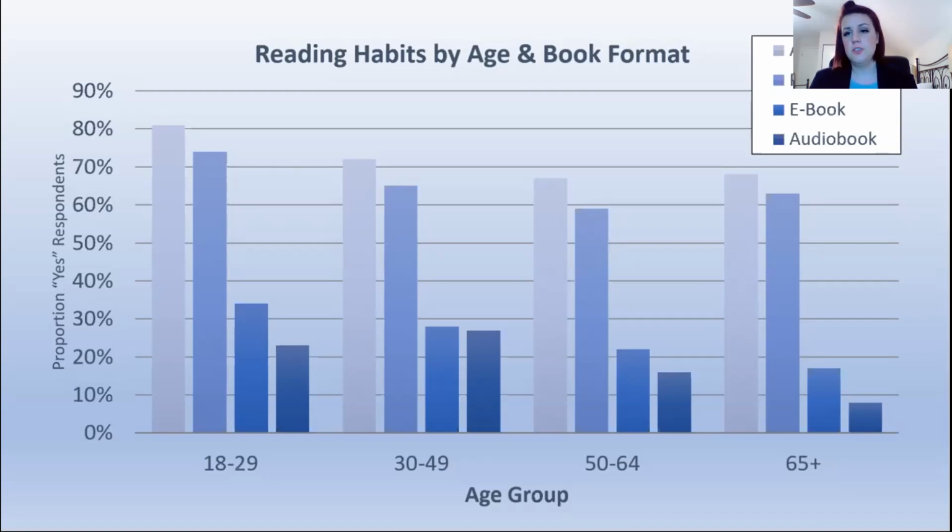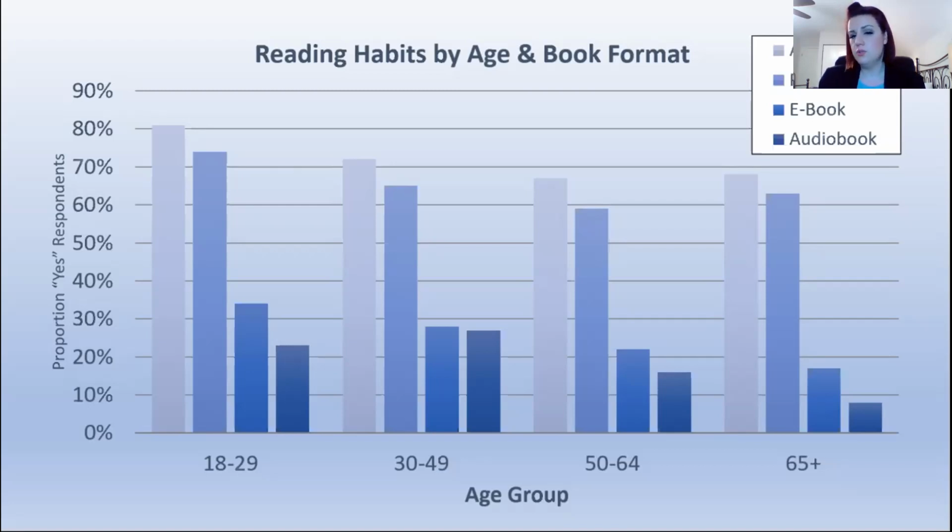So this is all well and good, but when you use one of these charts, it's really important to think about what story you're trying to tell and make sure that you are designing your chart accordingly. In this example, we're talking about 2 different categories of information, right? We have this age group category, but we also have a book format category, and you're looking at both of those things simultaneously.